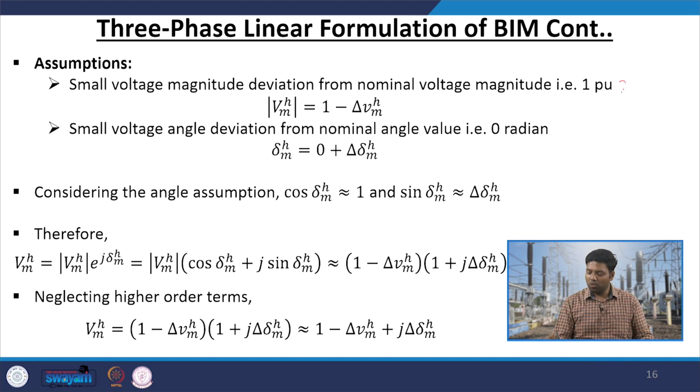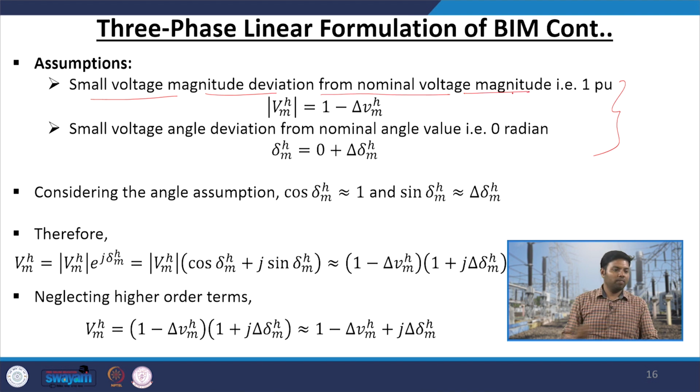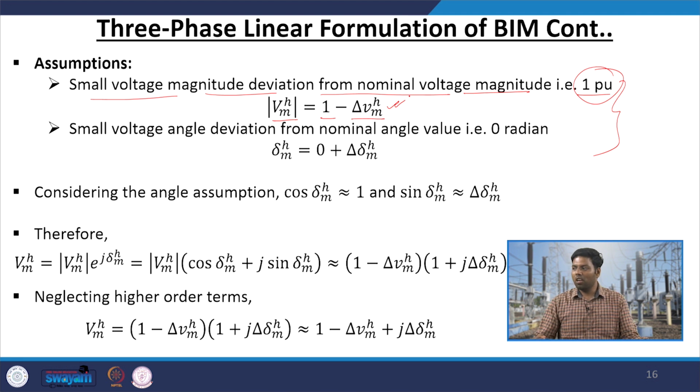First, we have to take two assumptions. These assumptions must be physically feasible as well. The first assumption we will take is a small voltage magnitude deviation from the nominal voltage. That means on a per unit basis, keep in mind this is not in the actual unit, that is in the per unit basis. So, that means the actual bus voltage is close to 1 per unit, but a little bit deviated by del V. This is quite acceptable because all the time when we talk about voltage stability, we want the system to be close to its nominal value to maintain stable operation.